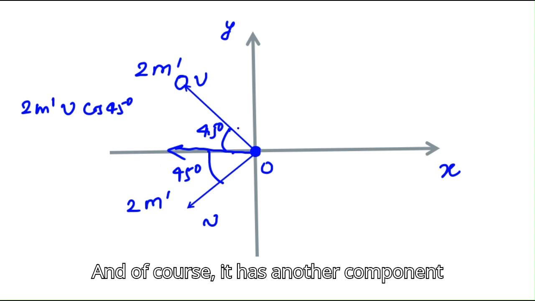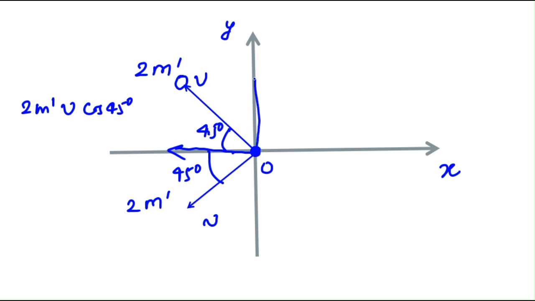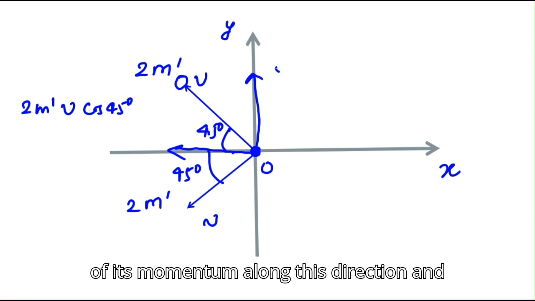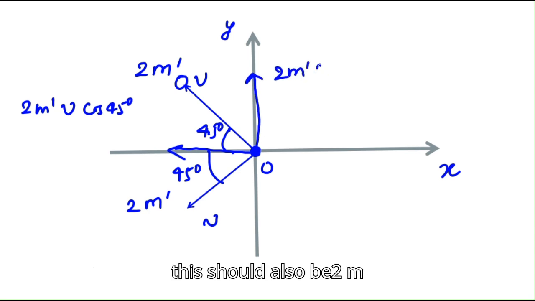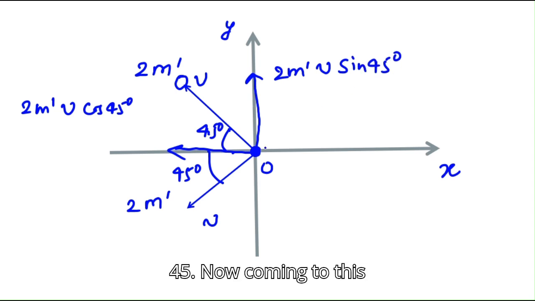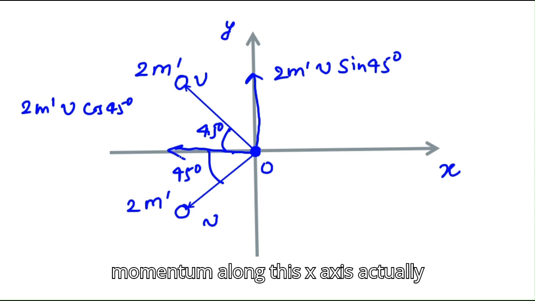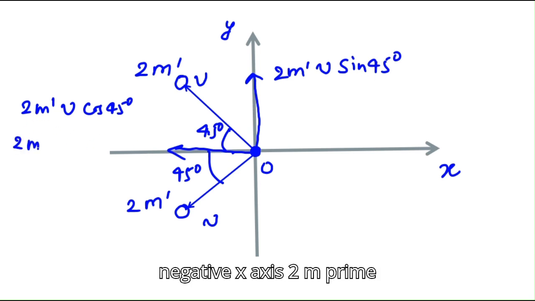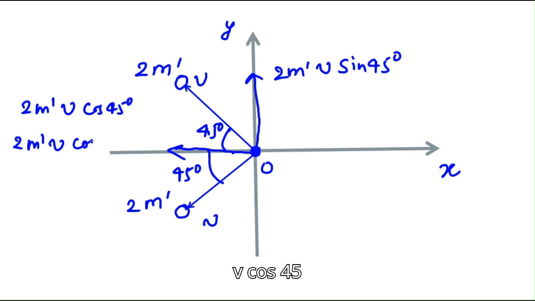And of course, it has another component of its momentum along this direction, which should also be 2m prime v sin 45. Now coming to this fragment, this one has momentum along the negative x-axis, 2m prime v cos 45 degrees.